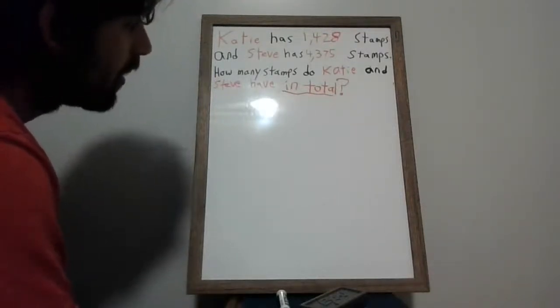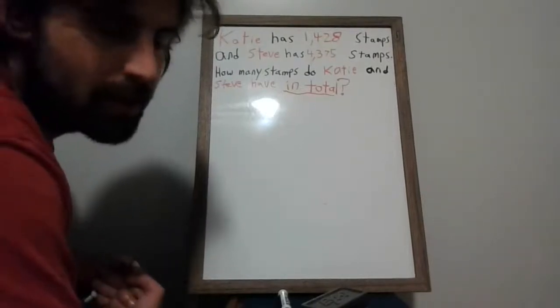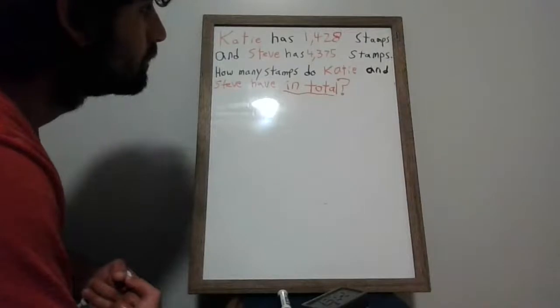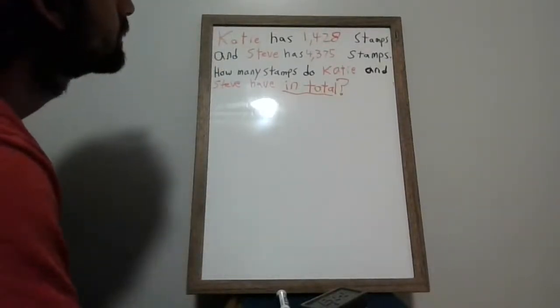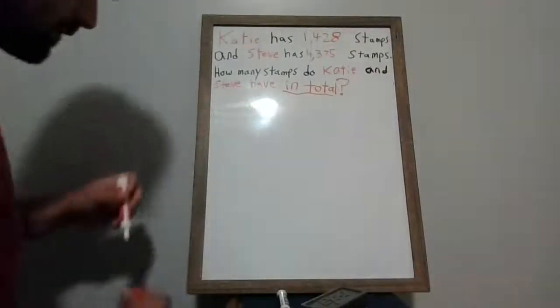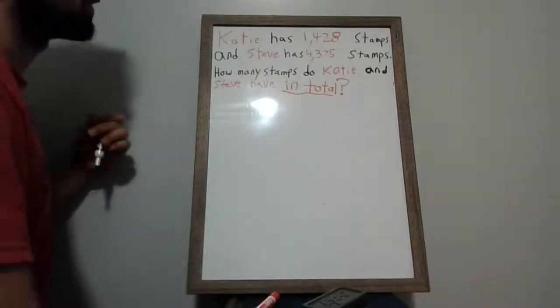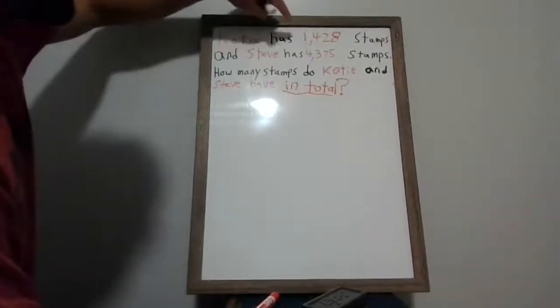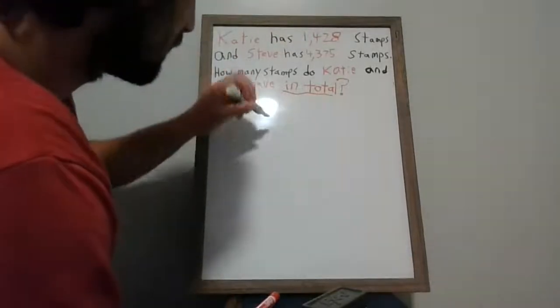In total, altogether, and all signify combining numbers and adding numbers together. Let me change up the color for fun here. So to answer this word problem, we got to add up the two numbers. We got to add to find the total number of stamps between Katie and Steve.